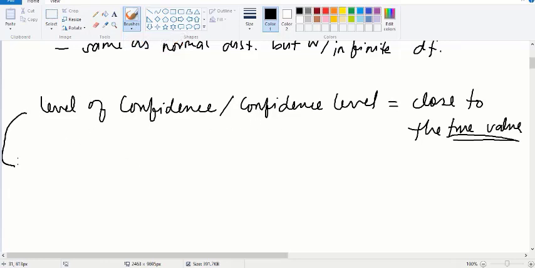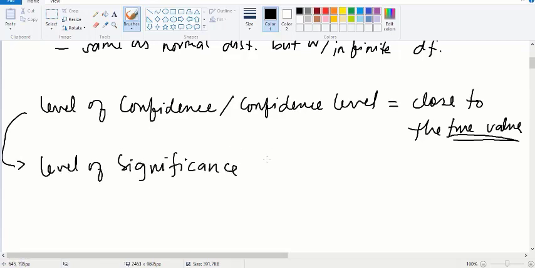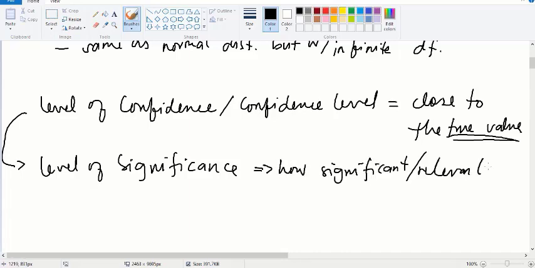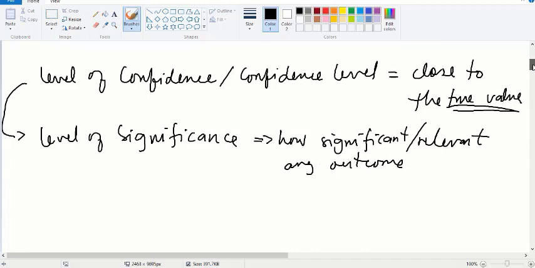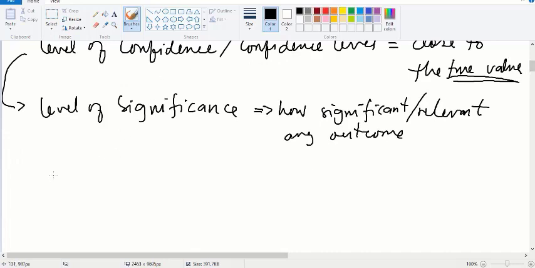At complementary niya, no, ang level of significance. So, level of significance naman is how significant or relevant ang nakuha mong number, ang outcome, no? They are complementary of each other. Anong ibig sabihin, no? Na like, let's say, for example, your confidence level is 95%. Ang level of significance denoted as alpha, there you go. Ayun na, lumabas na. Ang haba ng explanation ko, yun lang naman yung gusto kong i-explain.